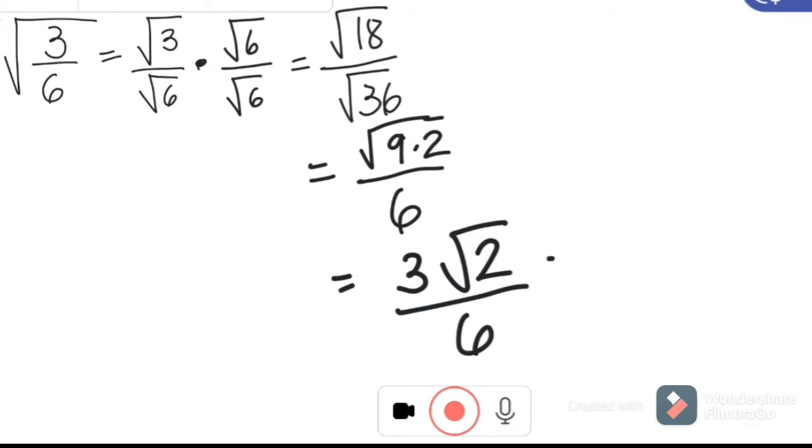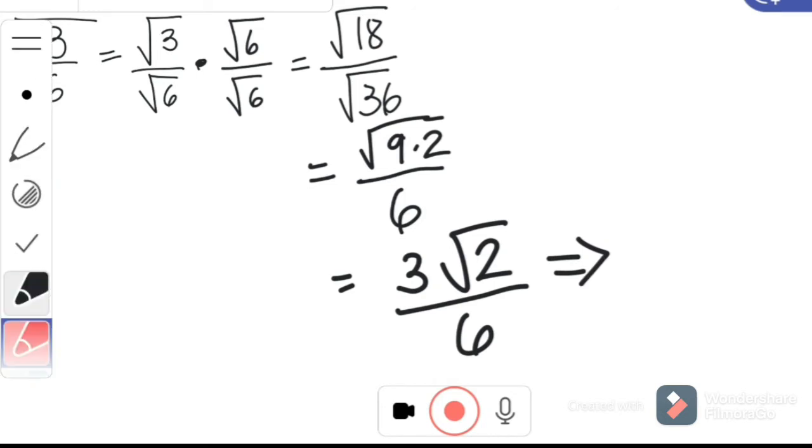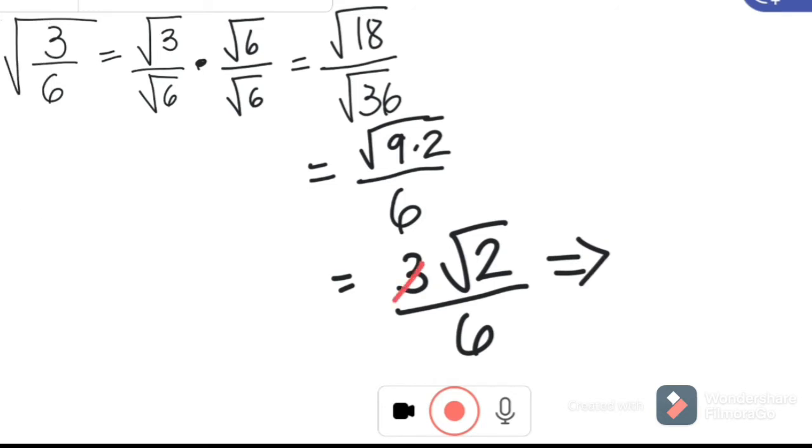Now we simplify the whole numbers outside. So 3 over 6 is also equal to, if we are going to use cancellation, 3 divided by 3 is 1 and 6 divided by 3 is 2.